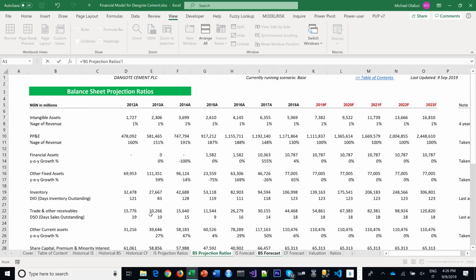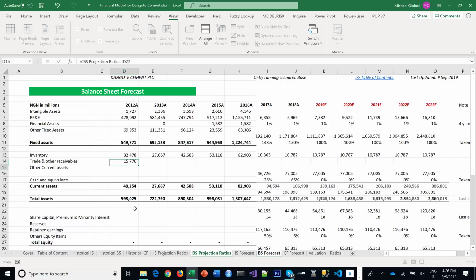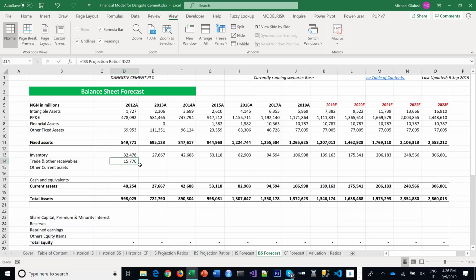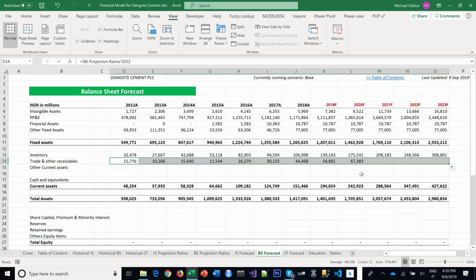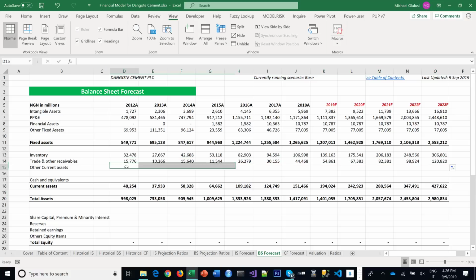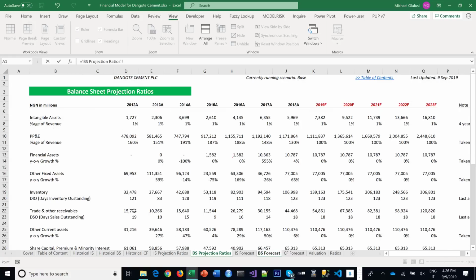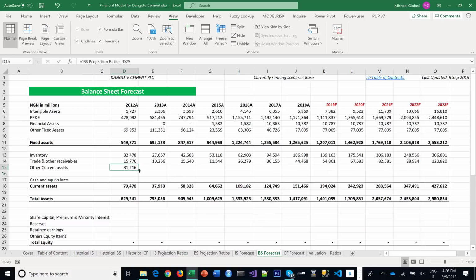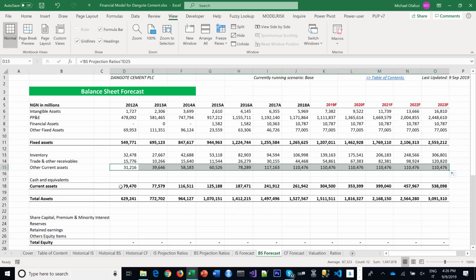Likewise, I pick, and then I drag into the future for the other current assets. I pick, and then I drag into the future for the cash and equivalent.